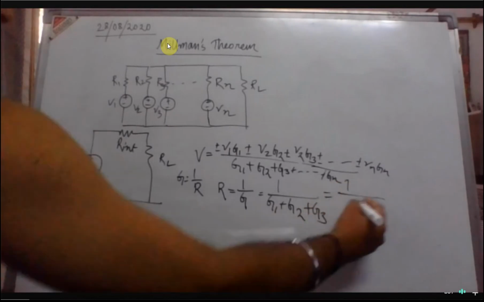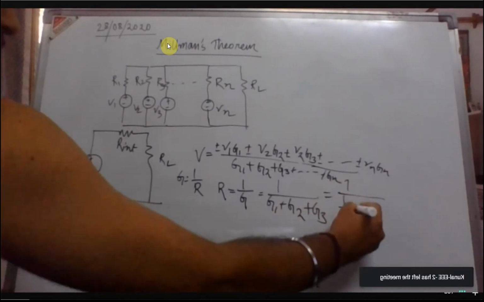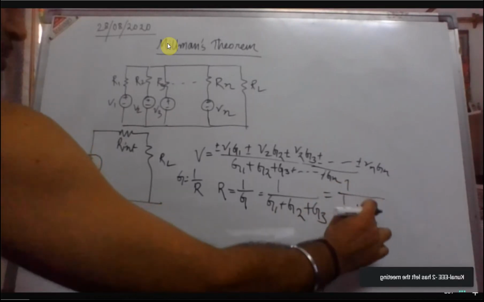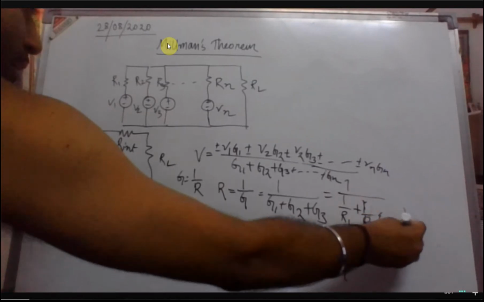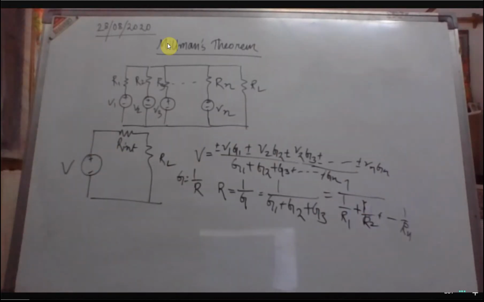That means it can be found by 1 by R1 plus 1 by R2 up to the total 1 by R. This is the formula, so from here we can find the equivalent voltage and the current source.